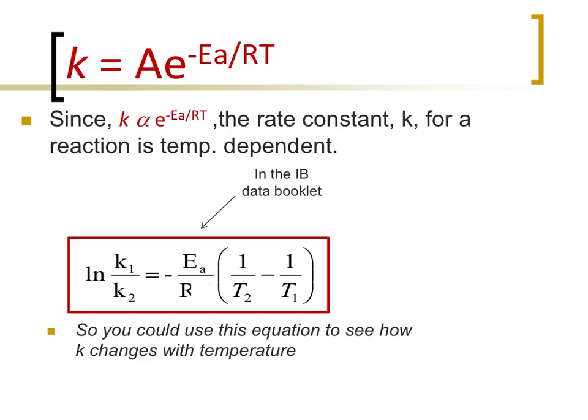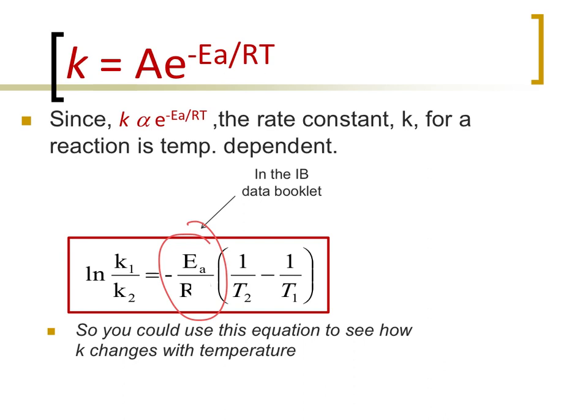Now let's take a quick look at some derivations of this equation. One thing we could do is look at the natural log. If we look at the natural log of k1 over k2, we can set that equal to the natural log of e to the EA over RT, which pulls out that EA over R, so it's no longer an exponent of the e. Natural log of e just goes away.